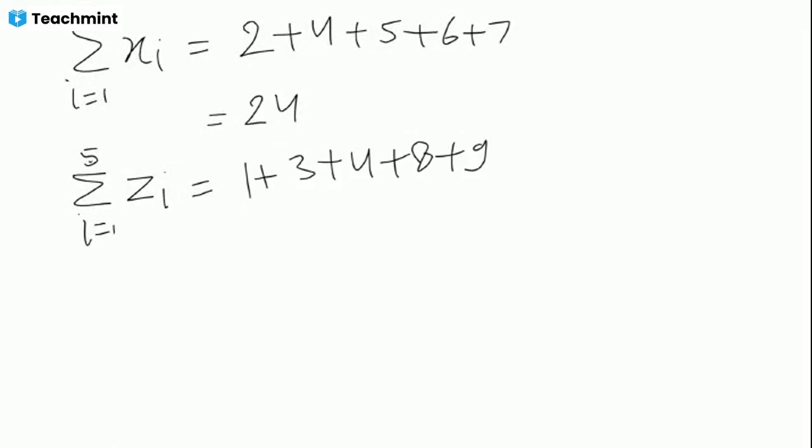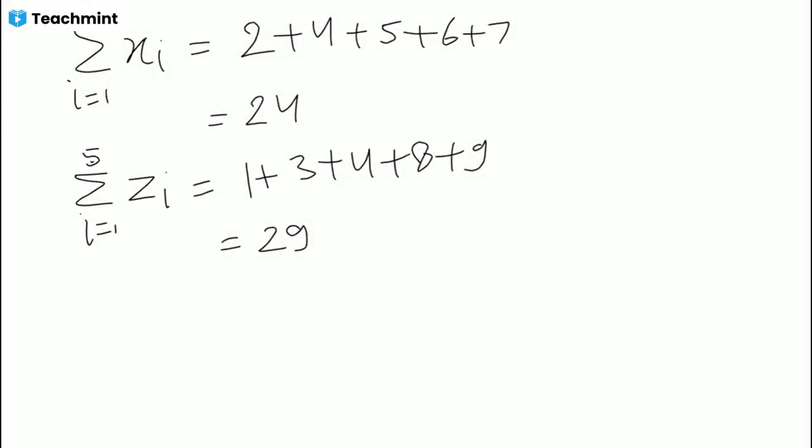So 1 plus 3 plus 4 plus 8 plus 9. What do we have? 29. Oh, no, no, sorry, my mistake. 8 plus 8 is 16, 16 plus 9 is 25. We have 25.